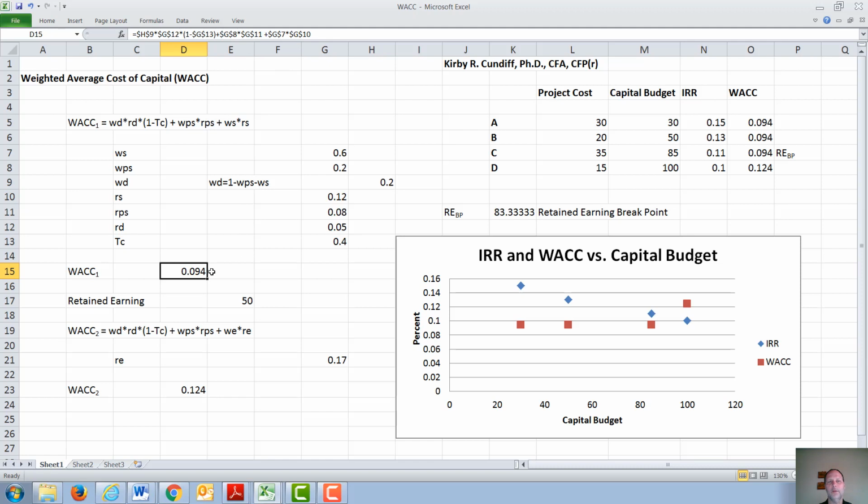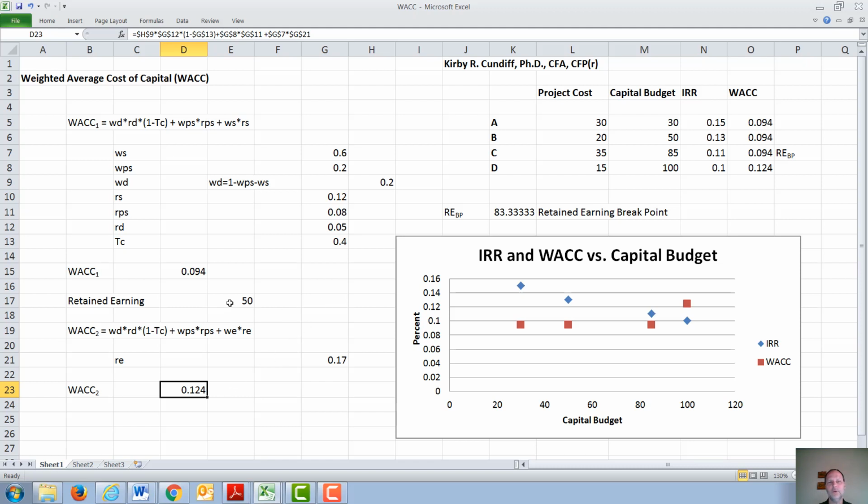We get a WACC1 of 9.4%. If we change the last term in here to the cost of a new stock issue being much higher at 17%, then our WACC goes from 9.4 to 12.4%.